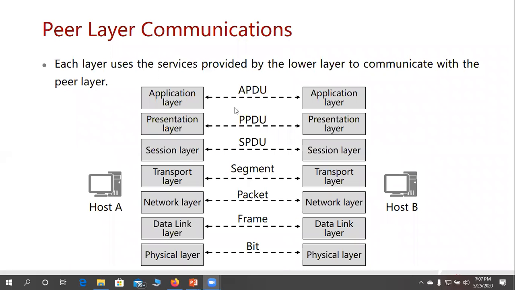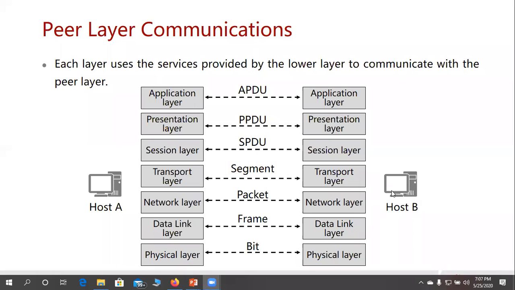Okay, so this is how it works when you are sending information from host A to host B. This is what happens on your laptop. You start with the application layer. You're opening up the browser, okay? So here the headers will be added. Data will move through the cable.